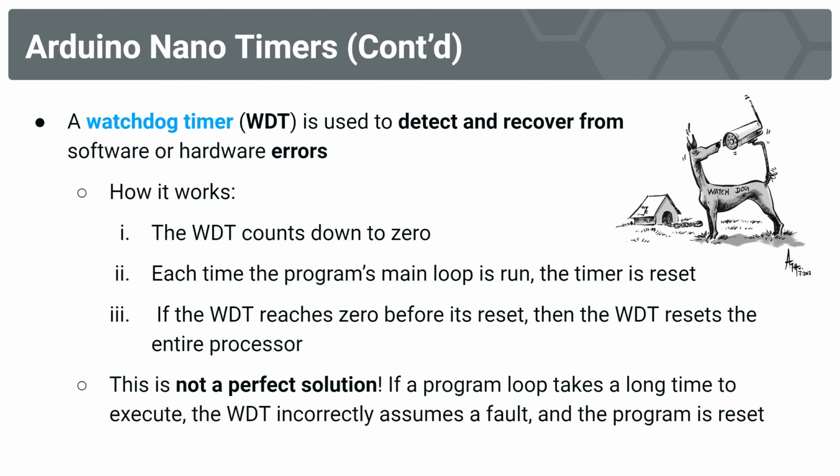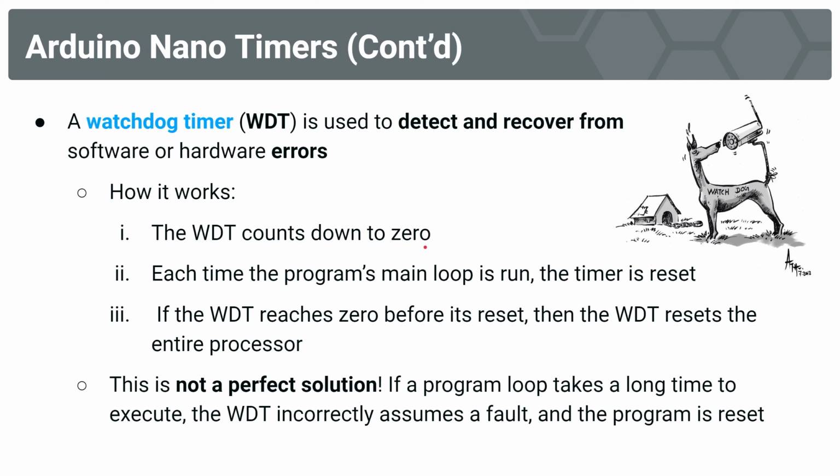So we talked about general purpose timers. The Arduino Nano has 3 of them. But it's also equipped with a WDT, or watchdog timer. And this has a special use case. It is used to detect and recover from software or hardware errors. How does it do this? Well, the WDT is basically a countdown timer, and it'll count down to 0.